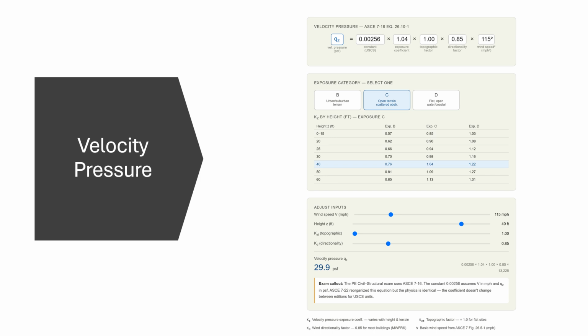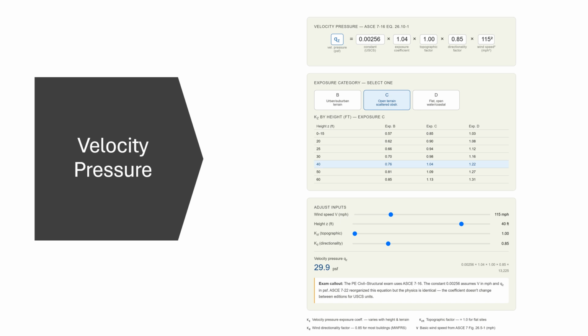So your exposure category here is B, C, or D. And as you can see, in the explanation below each exposure category, B is urban, suburban, C is open terrain or scattered obstruction, and D is flat or open water or coastal. So like if you're building a beach house, your exposure category is going to be D for wind.